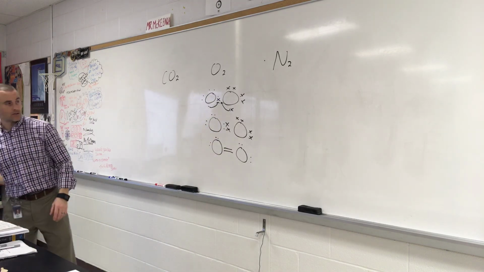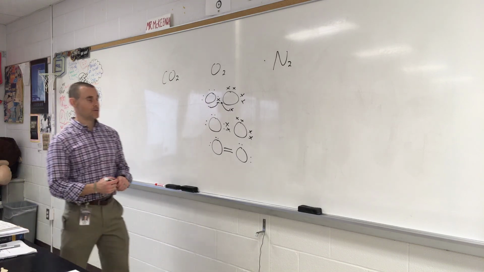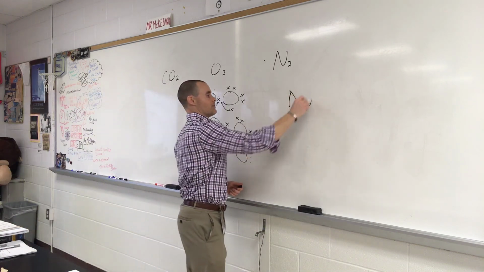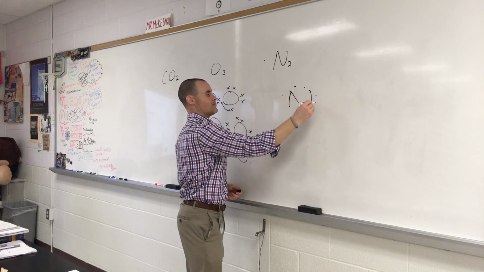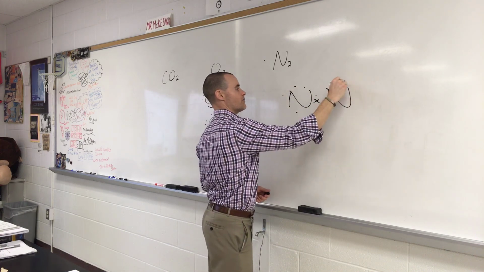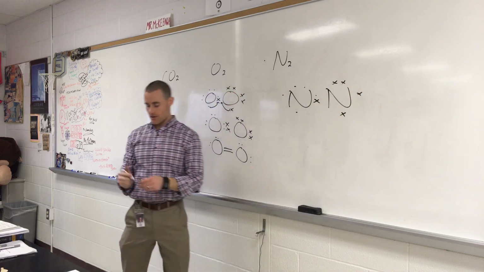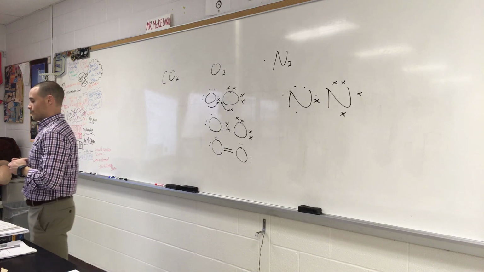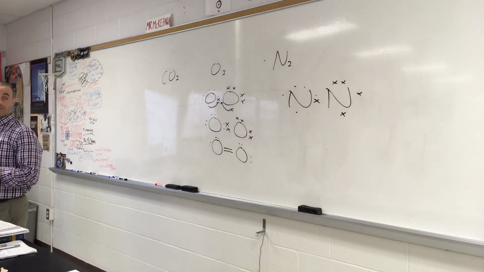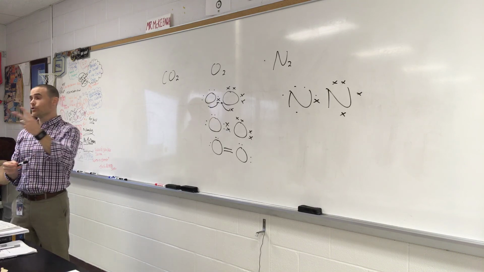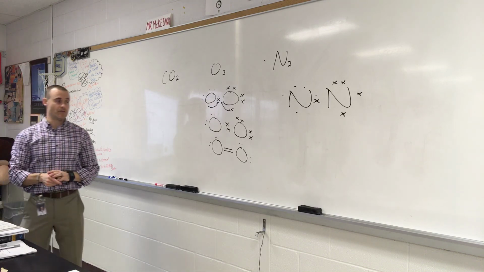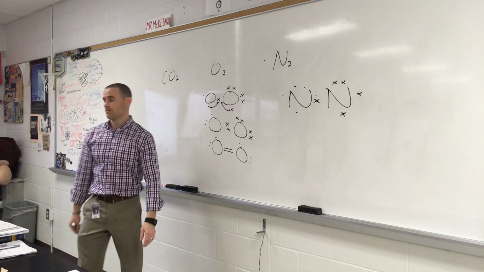Okay, let's try and get nitrogen done. We're not going to have time for CO2. Here we go. Nitrogen has 1, 2, 3, 4, 5 dots. Put another nitrogen right next to it because they're bonding together. It has 2 dots by itself per nitrogen. That's a problem. So guess what it does?